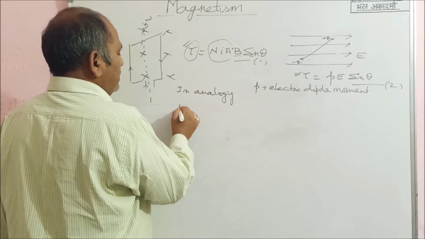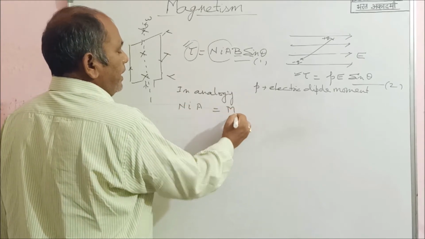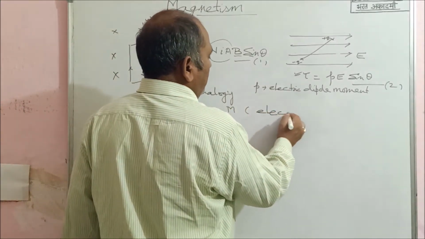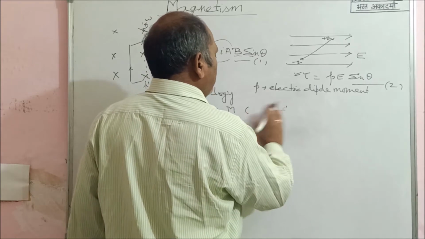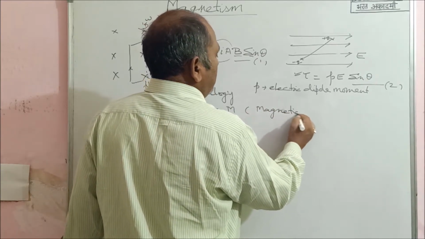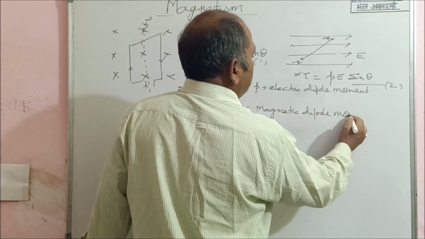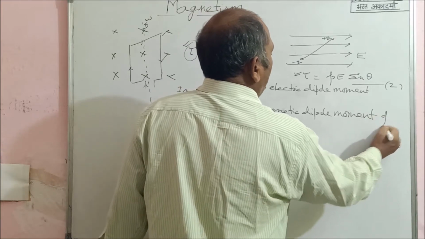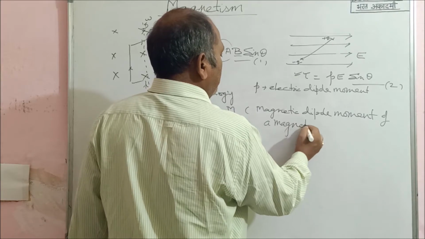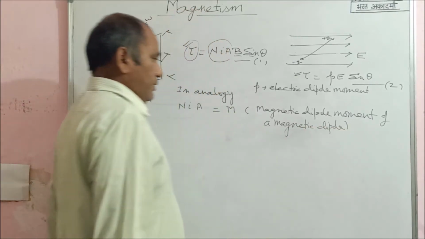So in an analogy, this NIA is given a name, capital M, and will be known as the magnetic dipole moment of a magnetic dipole. The question arises, what is a magnetic dipole, right?